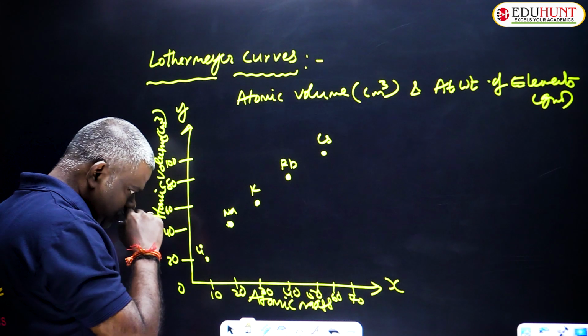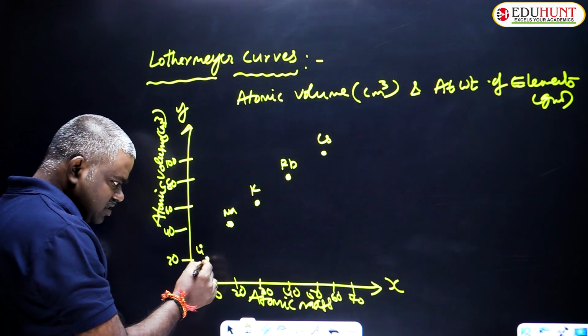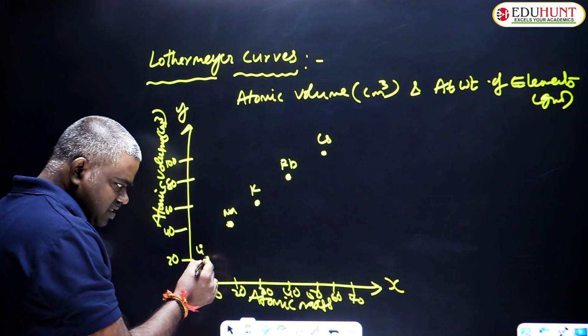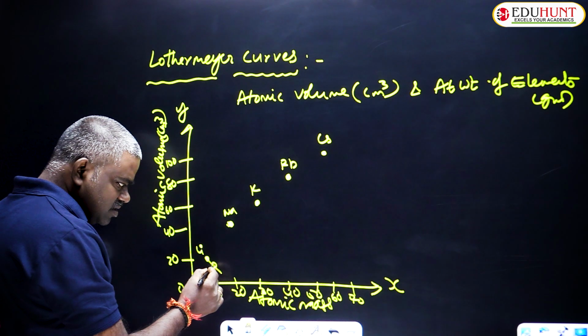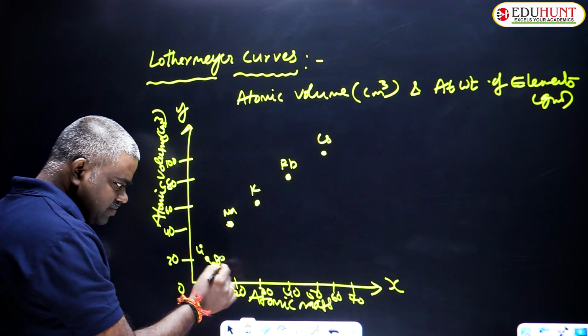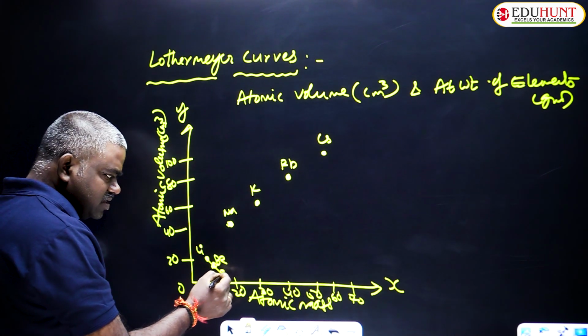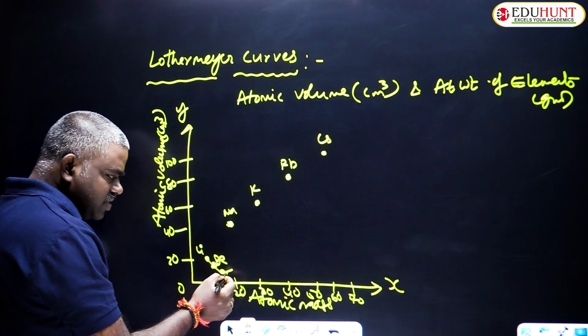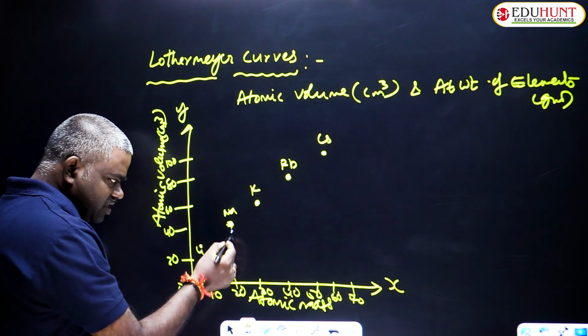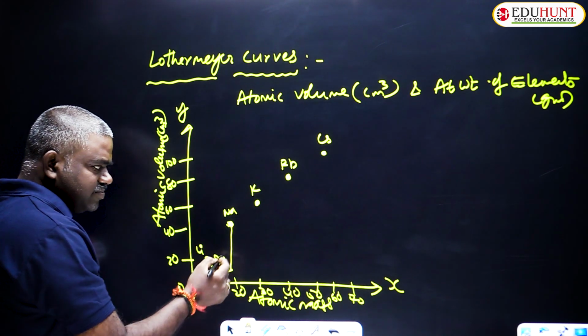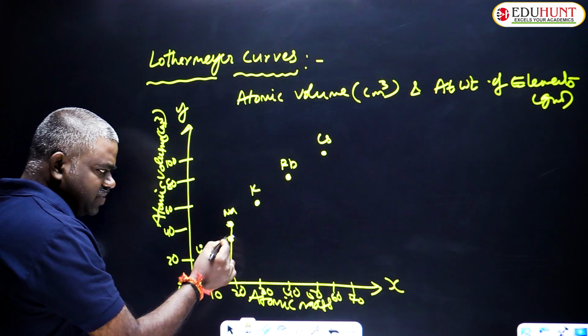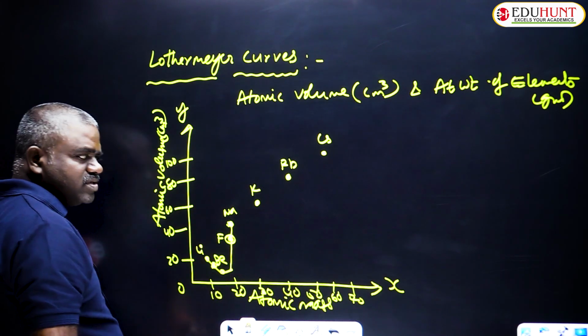After lithium, the starting element, another element is beryllium, and another is carbon, and after that it increases like this. Here fluorine is present.